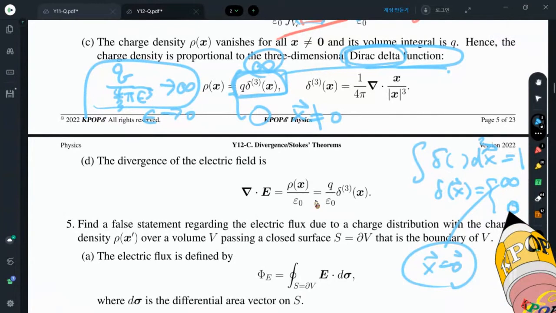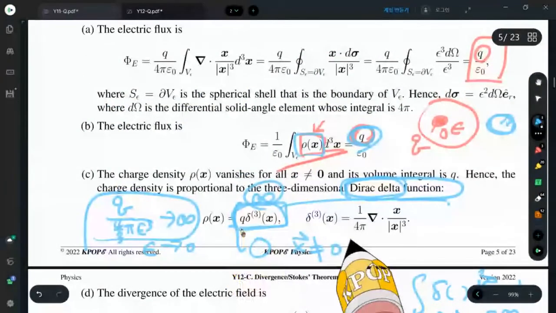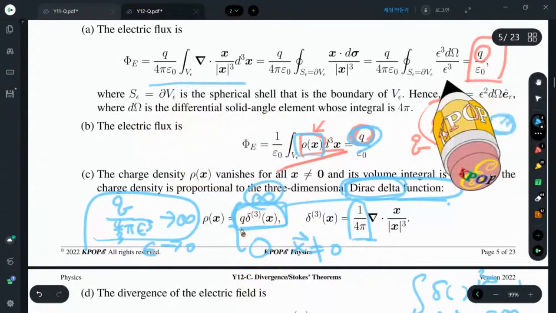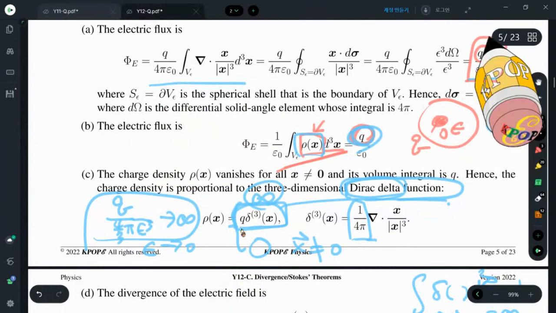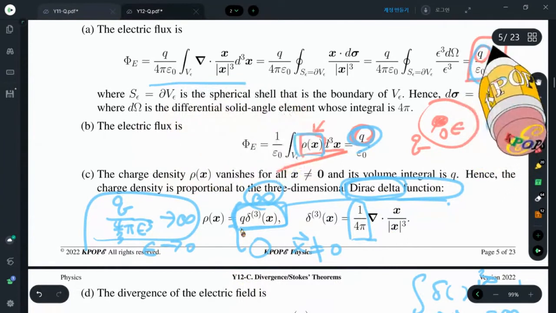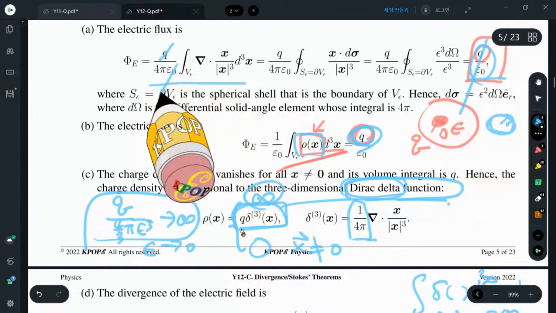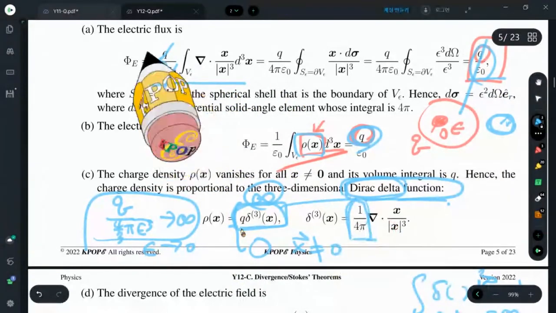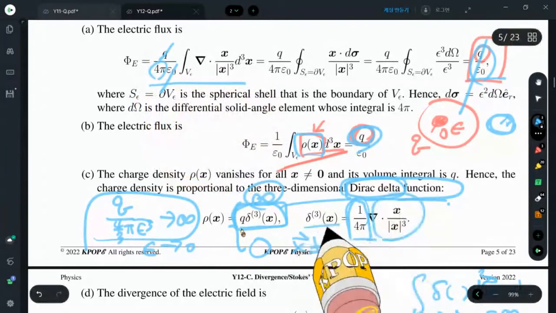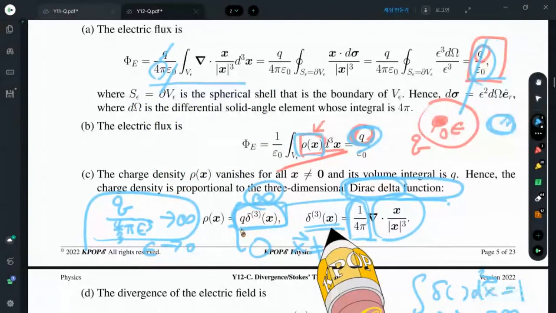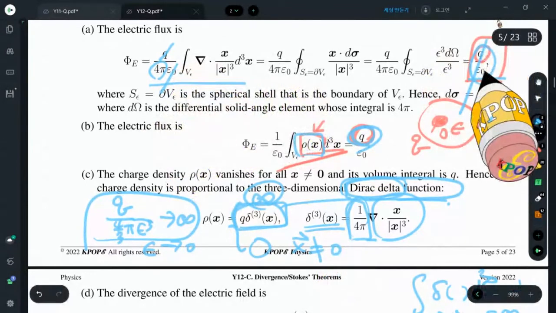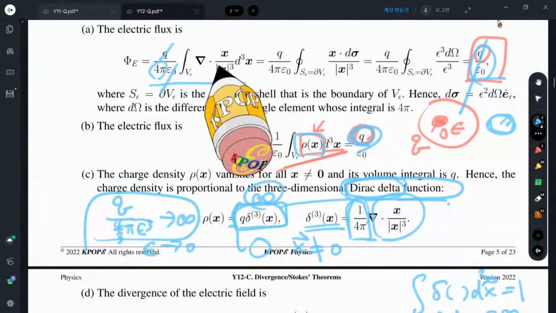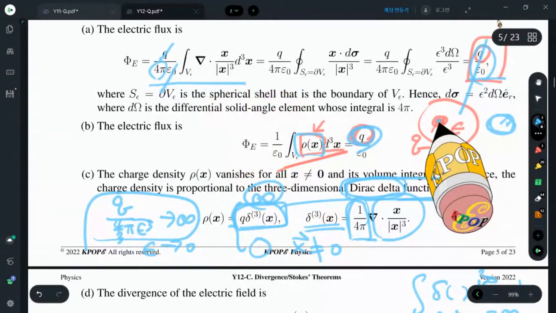This is called the Dirac delta function, and we have found the normalization is like that because we know this formula. Why don't we divide both sides by q over epsilon 0? That's the reason why I copied 1 over 4 pi, and this one is the Dirac delta function. Why? Its integral is 1, and this integral vanishes everywhere if it does not include the origin.